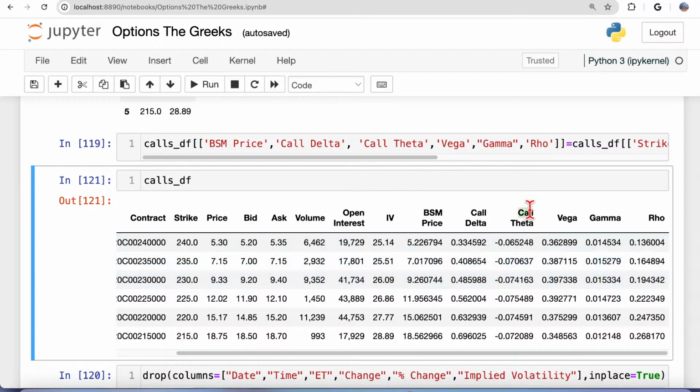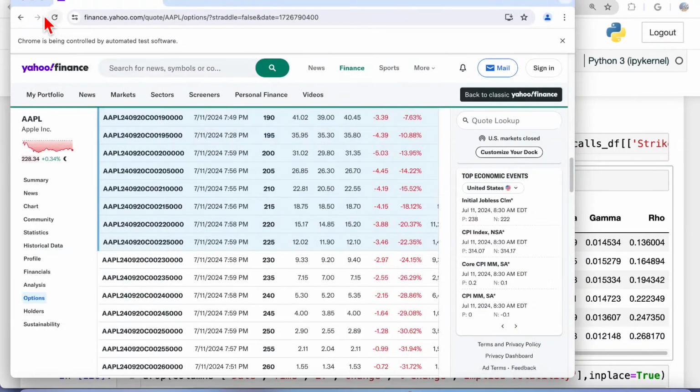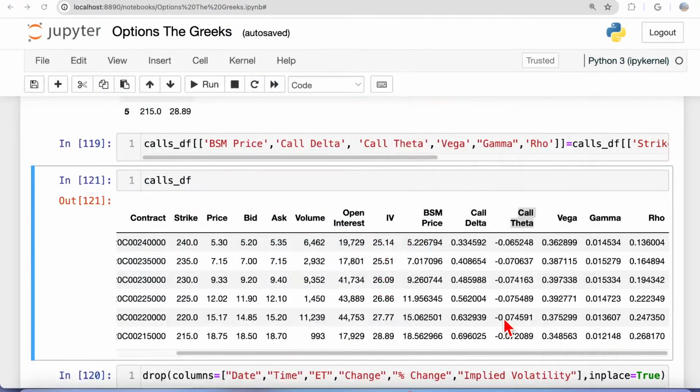Also, we have theta. Theta is a very important indicator, because remember, these contracts expire and they decay, time decay with every day. What it means is that every day this contract theoretically should lose 7 cents. So time is against the call buyer.